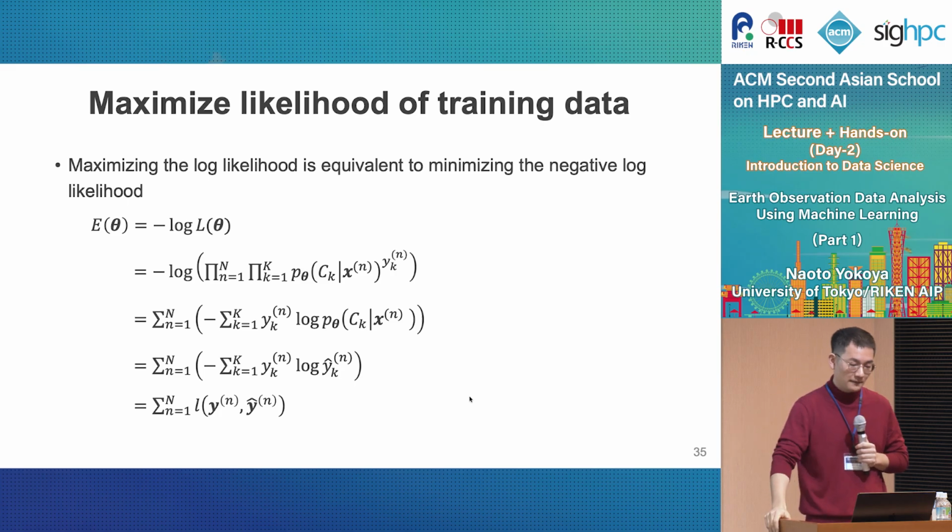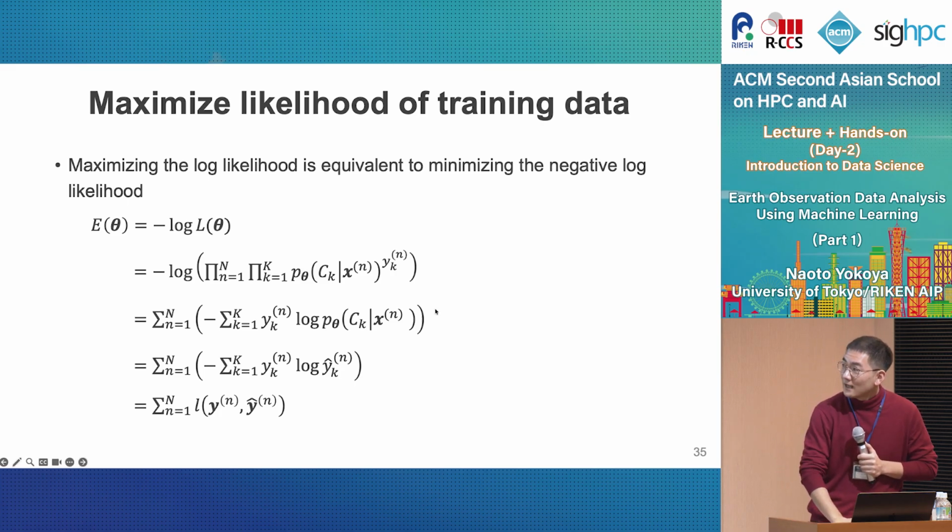Just setting negative. And the equation may look a bit complicated, but this multiplication can be changed to this addition, summation.